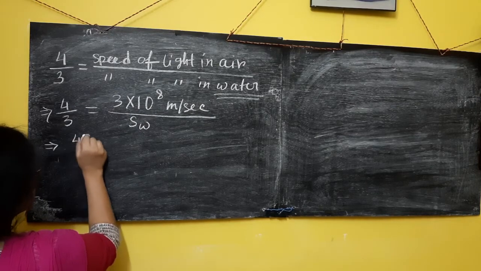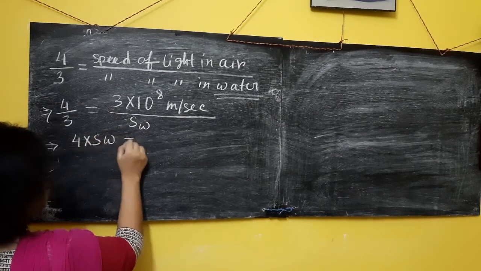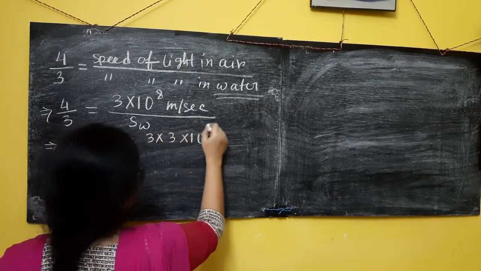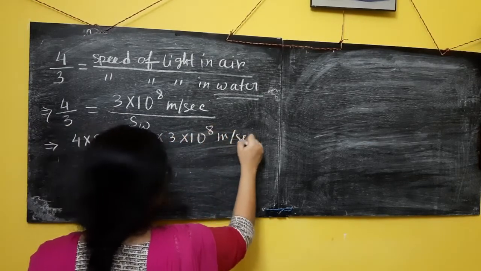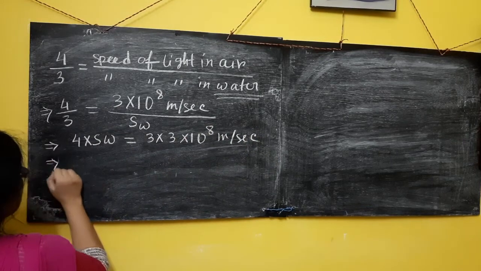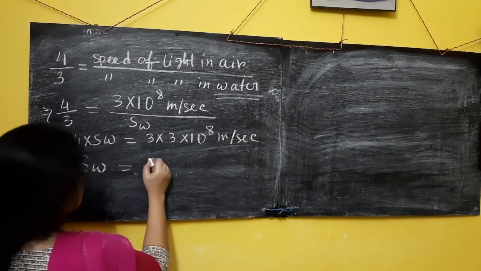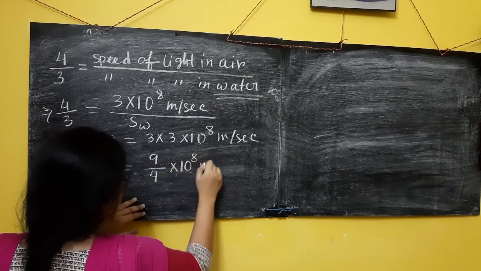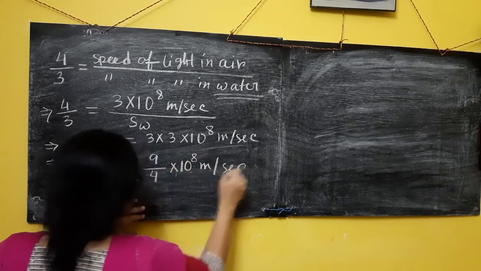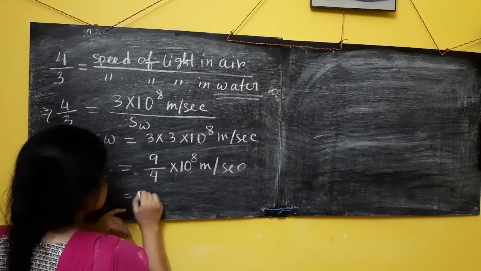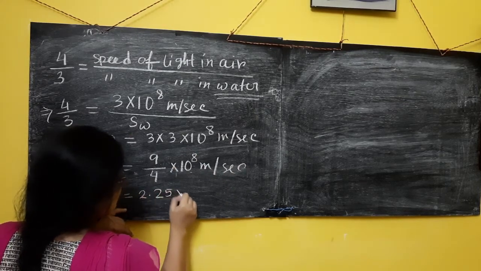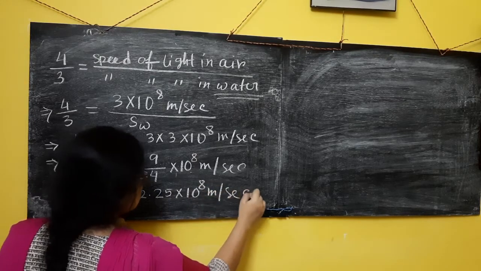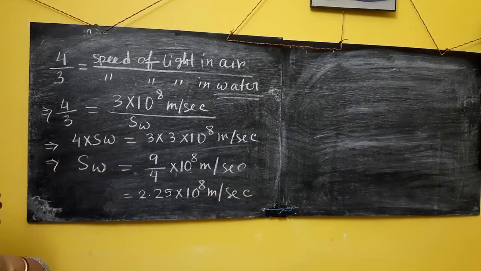So 4 into SW equals 3 into 3 into 10 to the power 8 meter per second. So SW equals 9/4 into 10 to the power 8 meter per second. 9/4 is 2.25, so it becomes 2.25 into 10 to the power 8 meter per second. So this will be the speed of light in water.